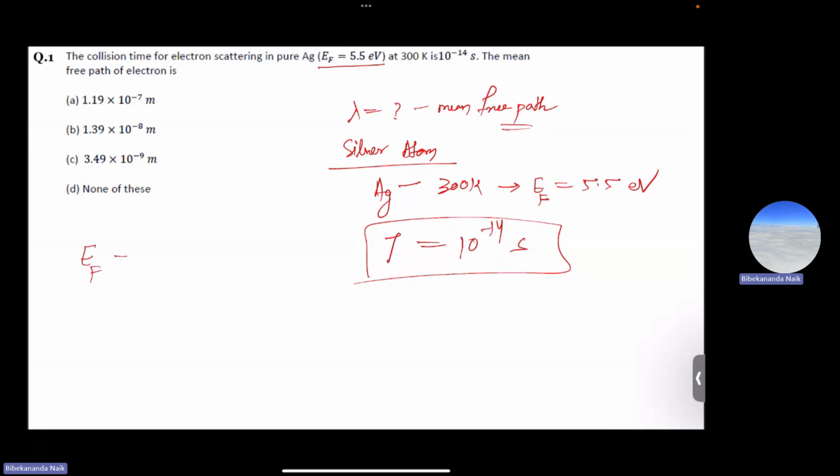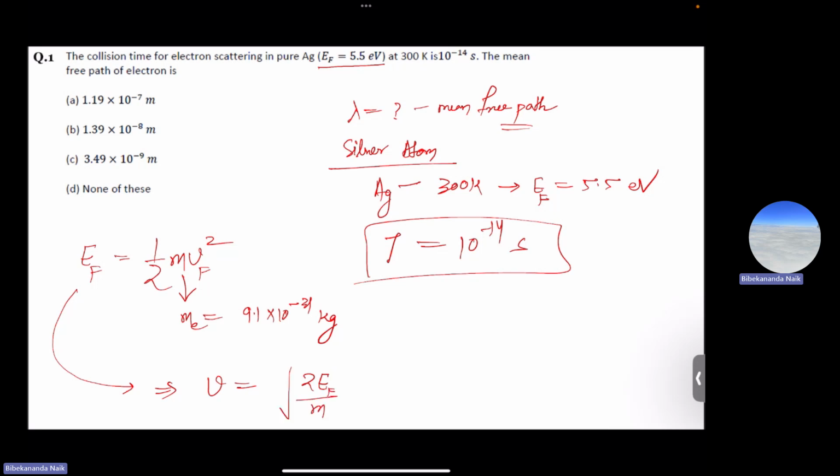So if EF is the Fermi energy, then it can be written in terms of Fermi velocity as EF is equal to half m vF square, where m is the mass of electron, which is 9.1 into 10 to the power minus 31 kg. So from this equation, we can write vF is root over 2 EF by m.